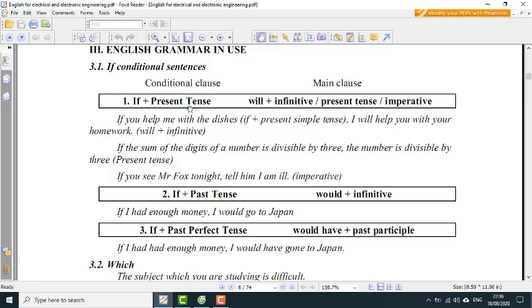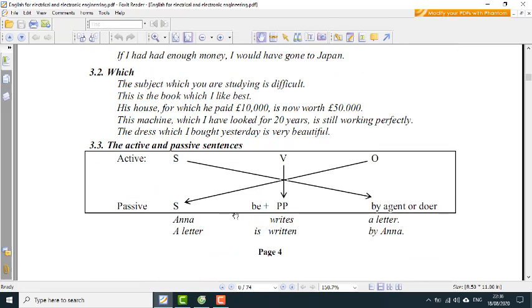Just the 13 tenses in English: present tense, past tense, past perfect tense, etc. And pronouns, relative pronouns, which connect, where you can see the subject which replaces the subject.